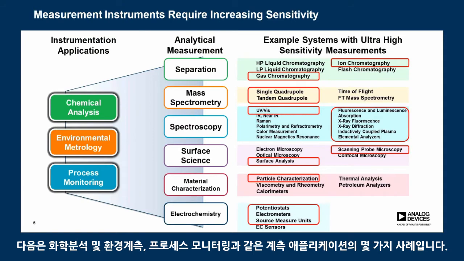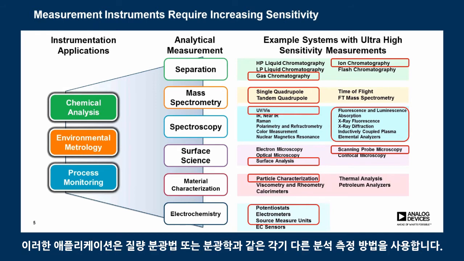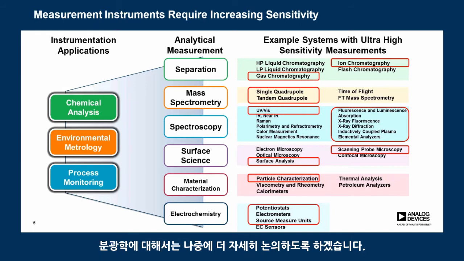Here are some examples of instrumentation applications like chemical analysis, environmental metrology, or process monitoring. And they use different analytical measurement methods like mass spectrometry or spectroscopy. So remember spectroscopy because we are going to talk about it in more detail later on.